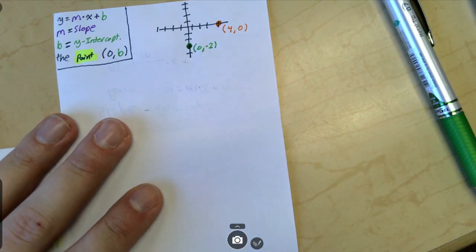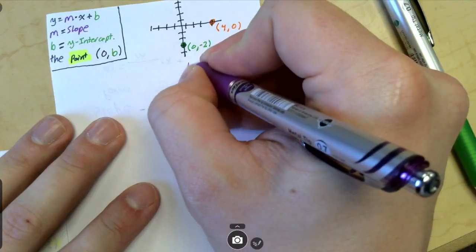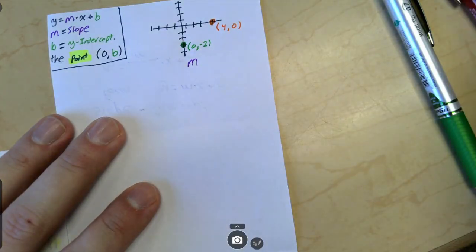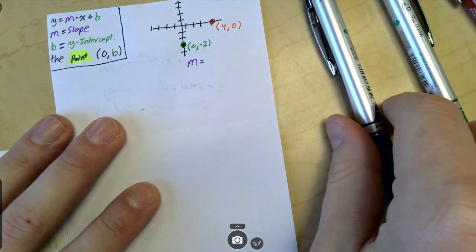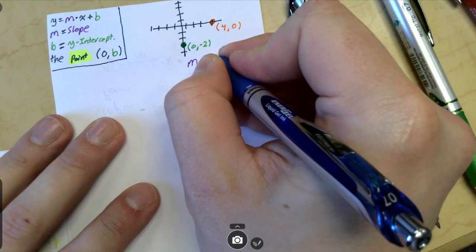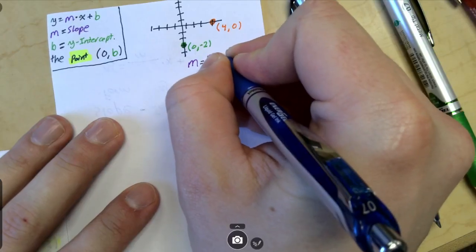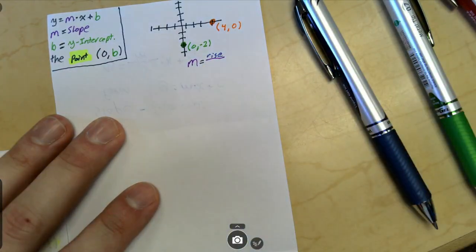And if we were going to calculate the slope, we need to find the rise over the run. So what do we know? We know that m equals the rise divided by the run.